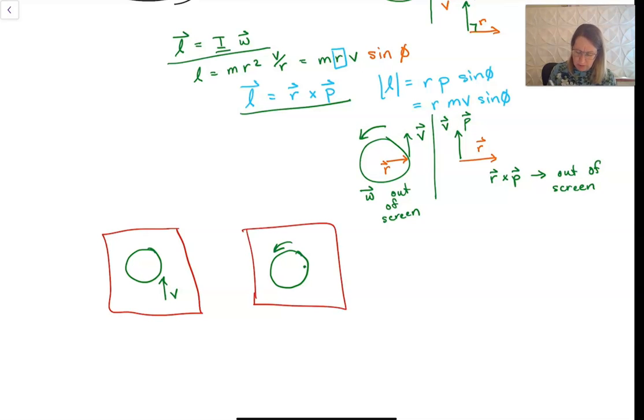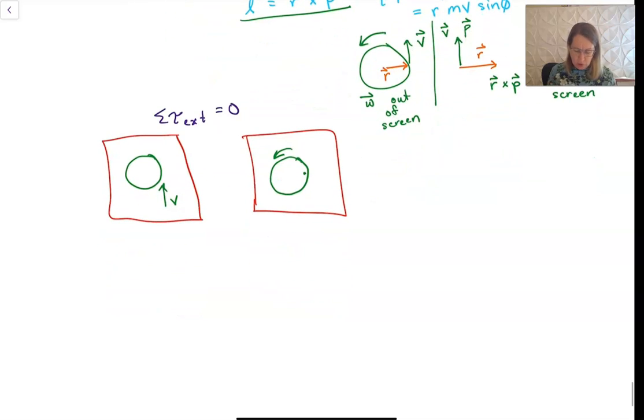Certainly the kid exerts a torque on the merry-go-round, but the external torques outside of our system are 0, so we can say that L initial must be equal to L final, and I'm just going to do the magnitudes here.